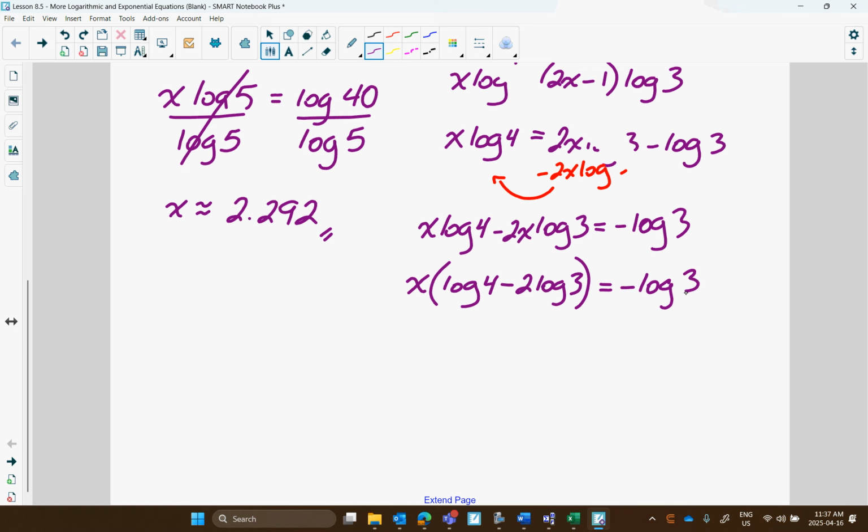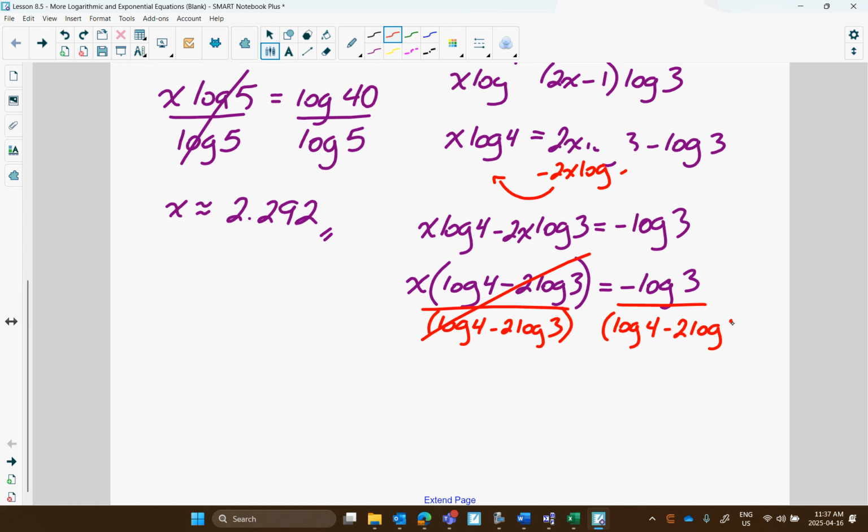Now I can get rid of this from the left-hand side by dividing it away. So I divide by log 4 minus 2 log 3 to cancel it out there, but then I got to do the same thing here. Divide by log 4 minus 2 log 3.